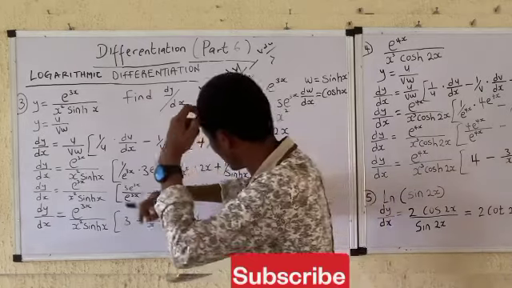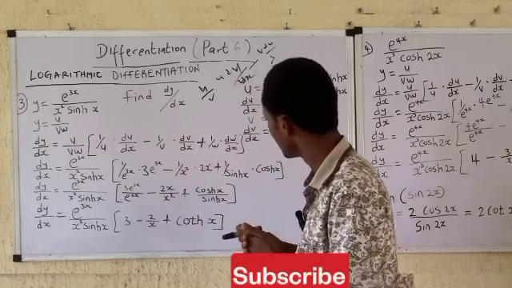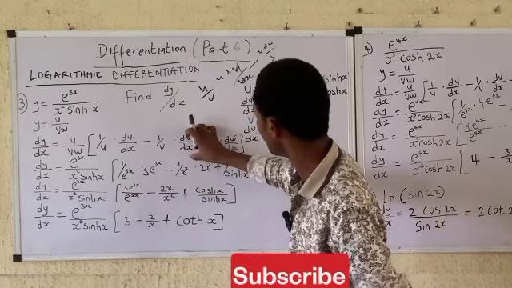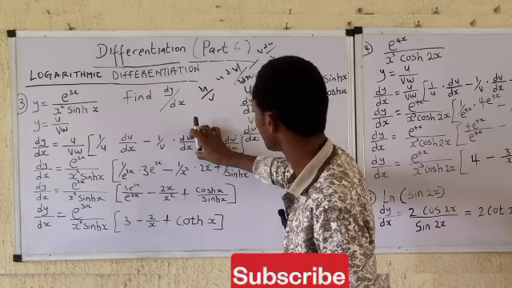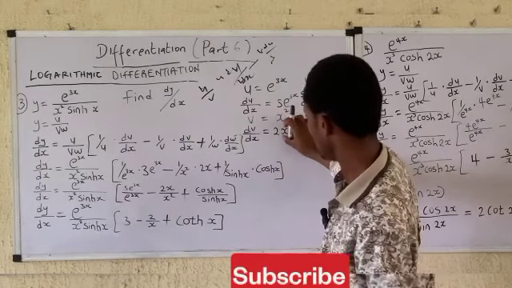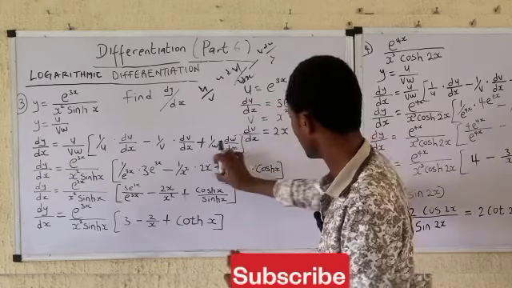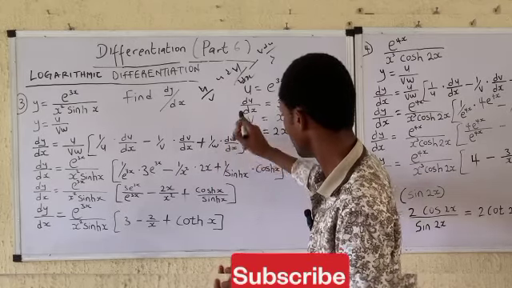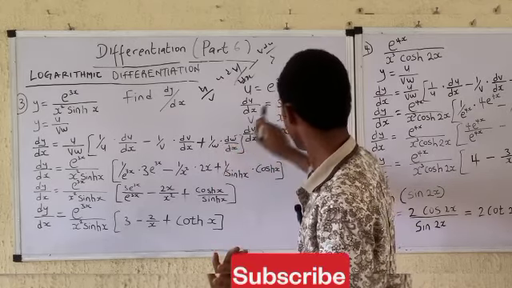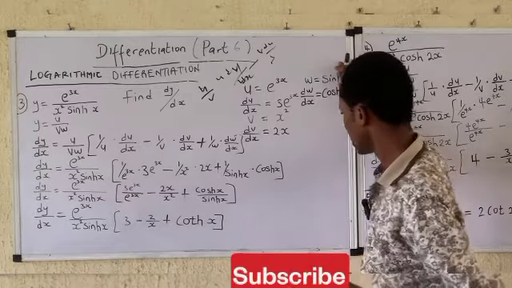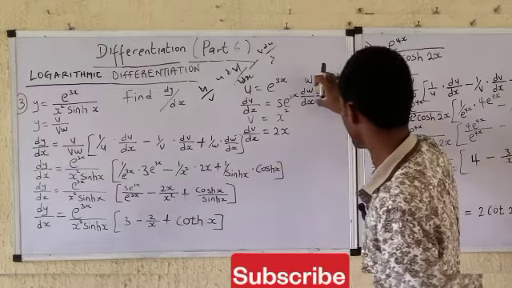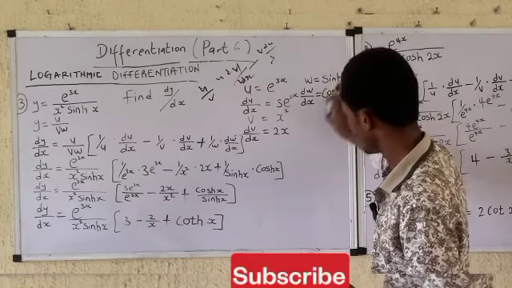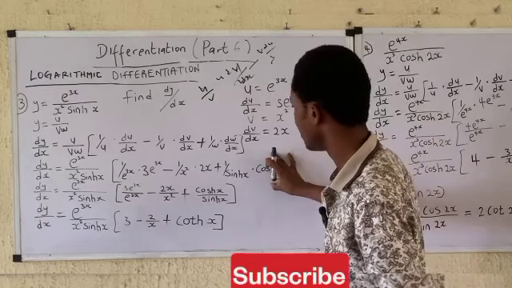Our v here is x raised to the second power, times the differential form of v, which is 2x. The plus sign remains the same, and the w here, our sin x, bring it here. The differential form of w with respect to x is our cos x, have it here as well.